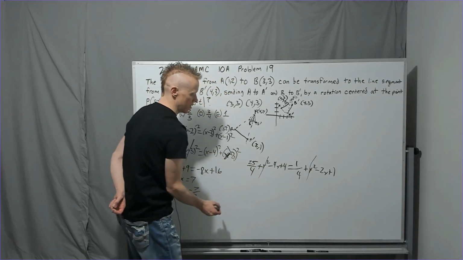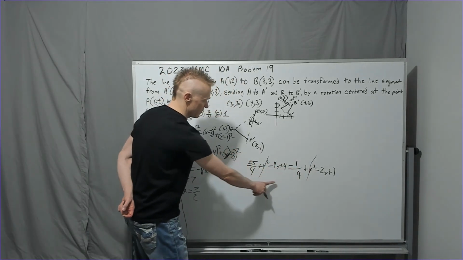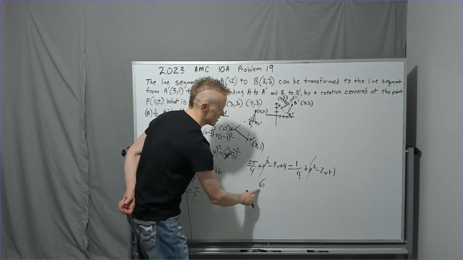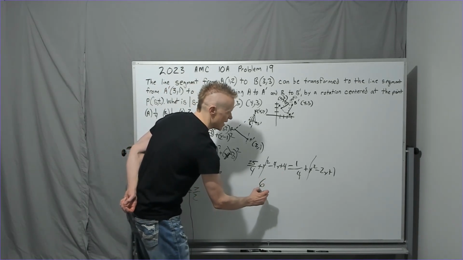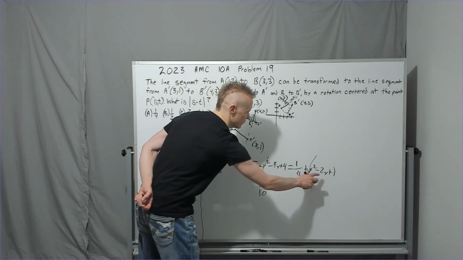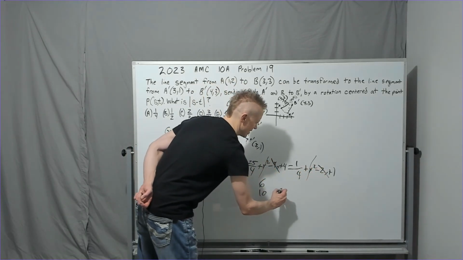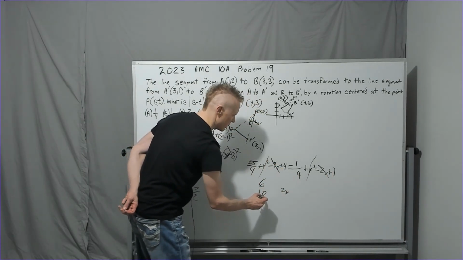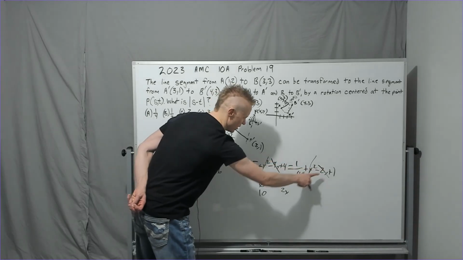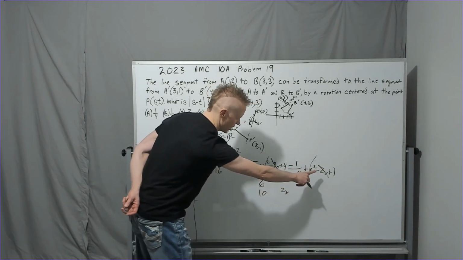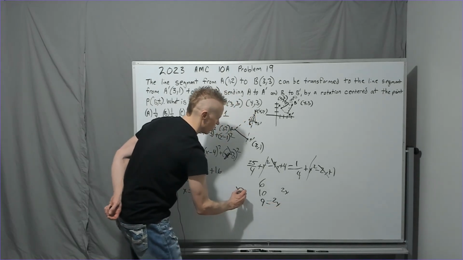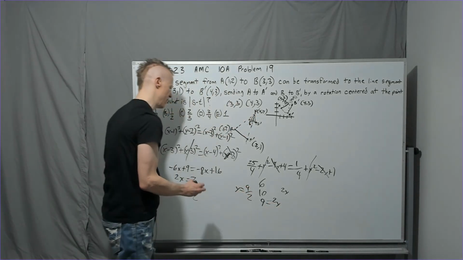We know the y squareds are going to cancel. I'm going to bring the 1/4 over here to get 24/4, which is 6. 6 plus 4 is 10. And I'm going to move the negative 4y over there to add with that to get 2y. And the 1 over here, which is going to equal 9. So 1 off of 10 to get 9. 9 equals 2y. Y will equal 9 over 2.